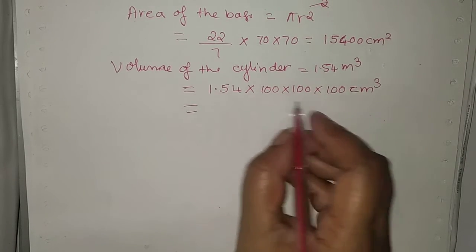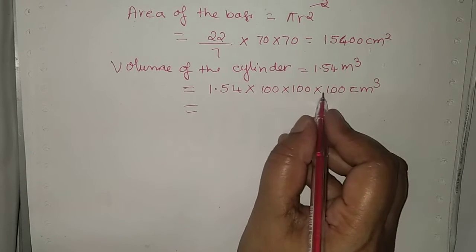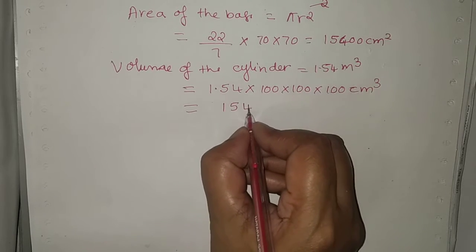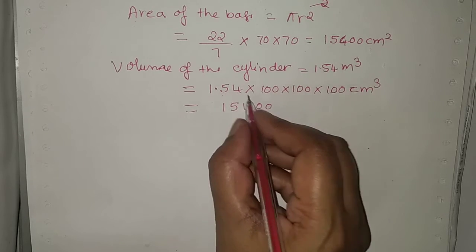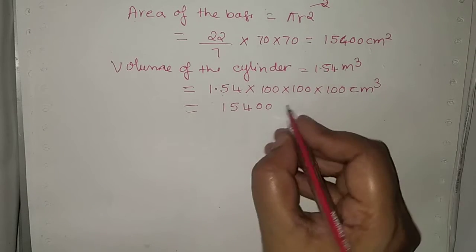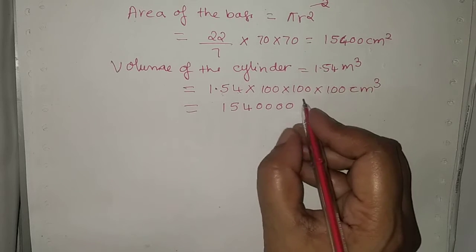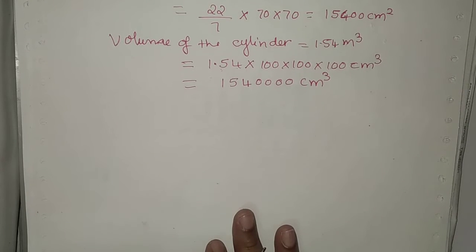Multiplying, since there is a decimal point and after that 2 digits, we get 154 followed by 4 zeros, centimeter cube. So we finished converting meter cube to centimeter cube.